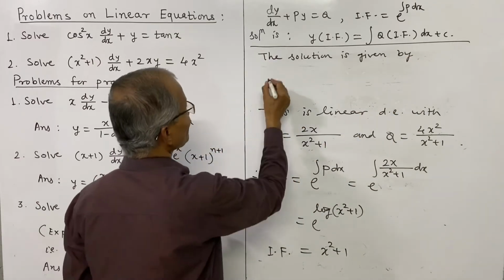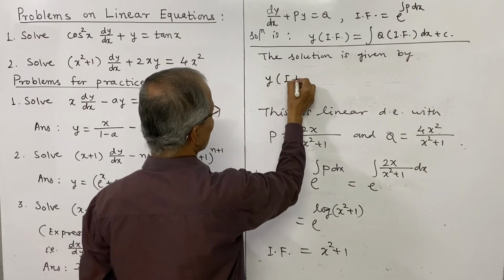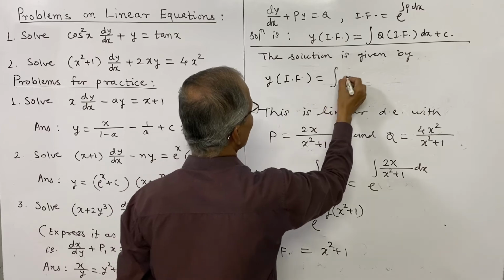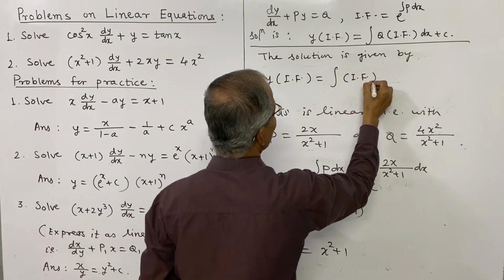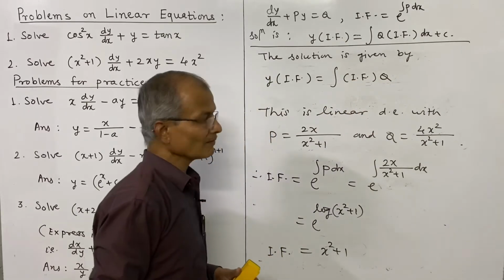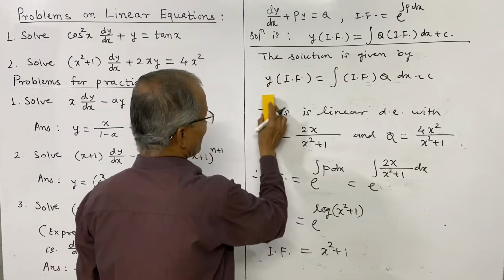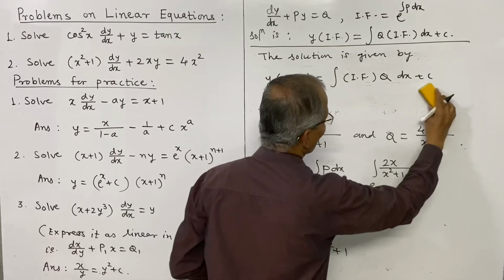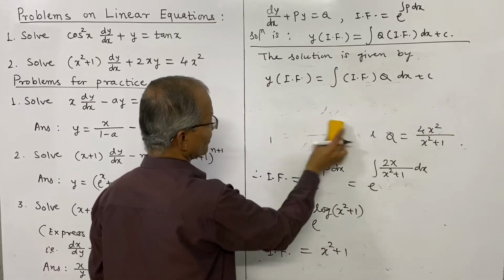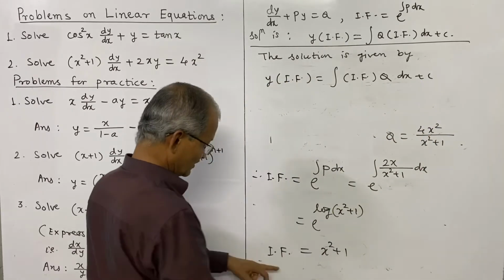Y into IF is equal to integral IF into Q, or Q into IF dx plus constant. Now see, what we require is Q and IF. Q is here and IF is this one.